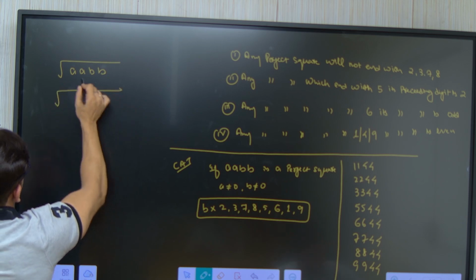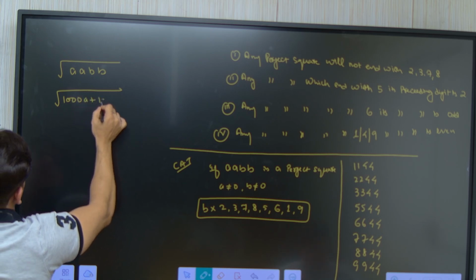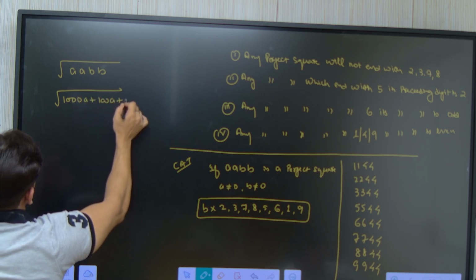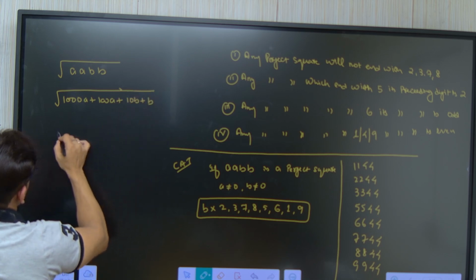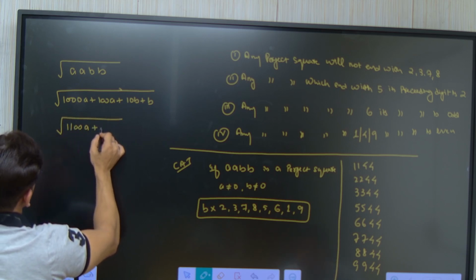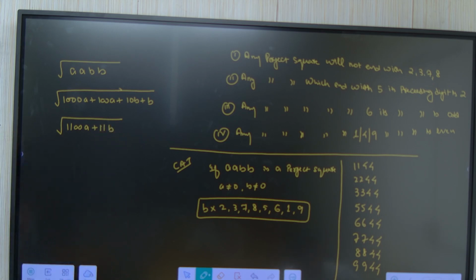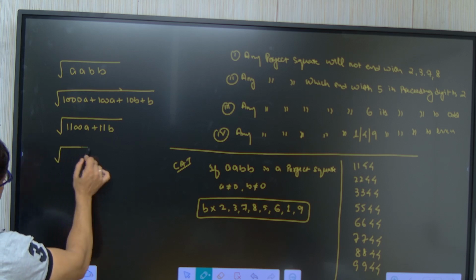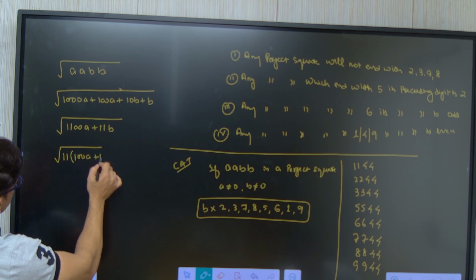How can you write this number as 1000A plus 100A plus 10B plus B, or not? Yes, this is 1100A plus 11B, or not? From this, what will you have? 11 times (100A plus B).